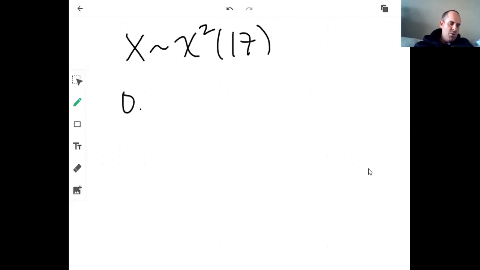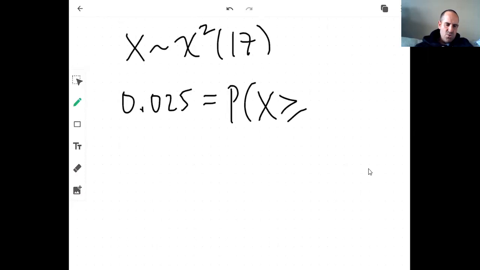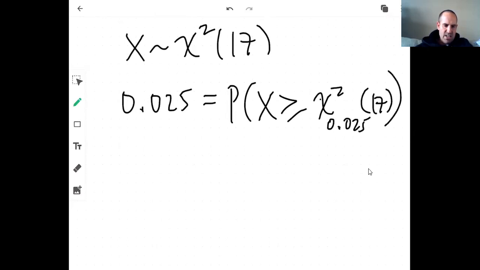We want 0.025 to be equal to the probability that X is greater than or equal to this number, chi-squared 0.025 with 17.